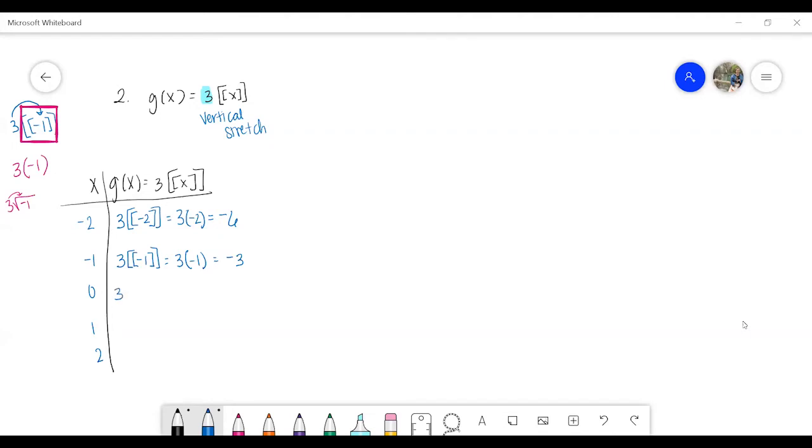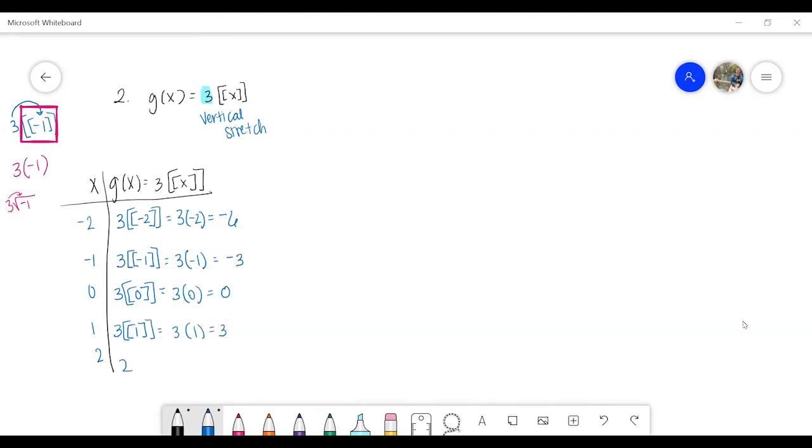Okay, so you've got 3, you've got your step function of 0. Again, the greatest integer, it is the integer itself. So 3 times 0, which is 0. Okay. You've got 3. We need to find the greatest integer less than or equal to 1, which is just 1. So 3 times 1 is 3.